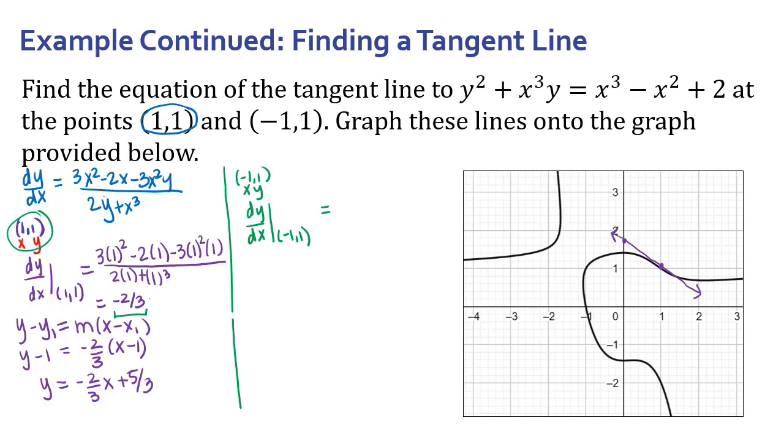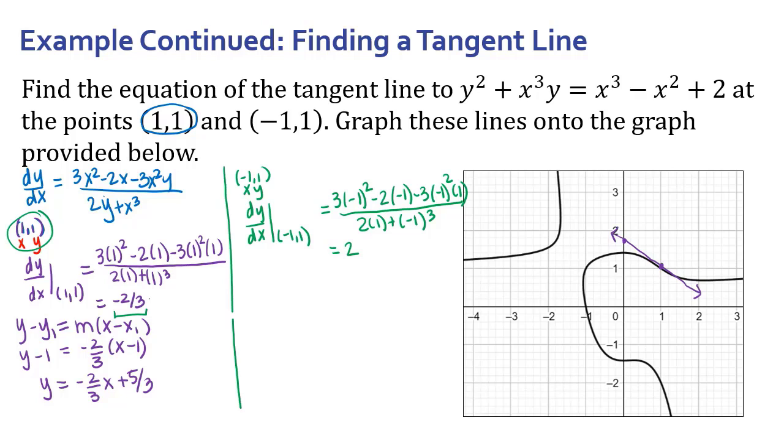When I evaluate this, I get 3 times negative 1 squared minus 2 times negative 1 minus 3 times negative 1 squared times positive 1, all over 2 times 1 plus negative 1 cubed. When I simplify this, I end up getting 2. So the slope of the tangent line at (-1, 1) is 2.